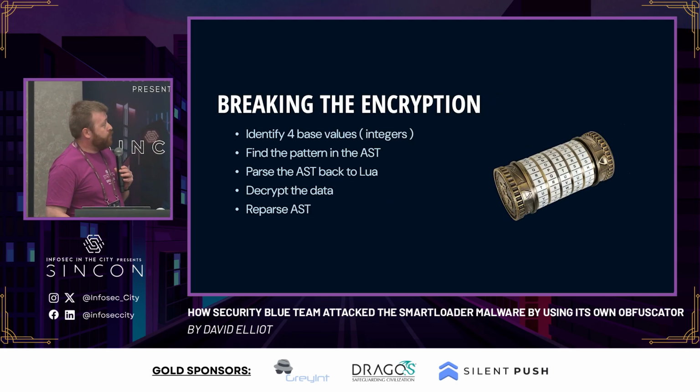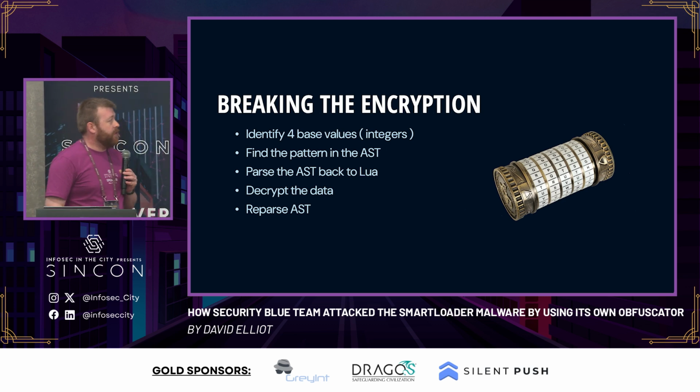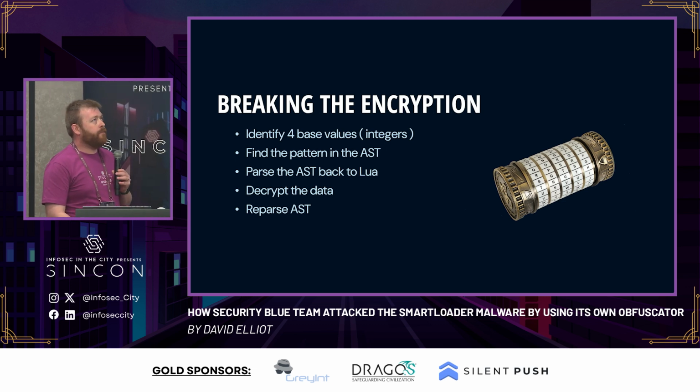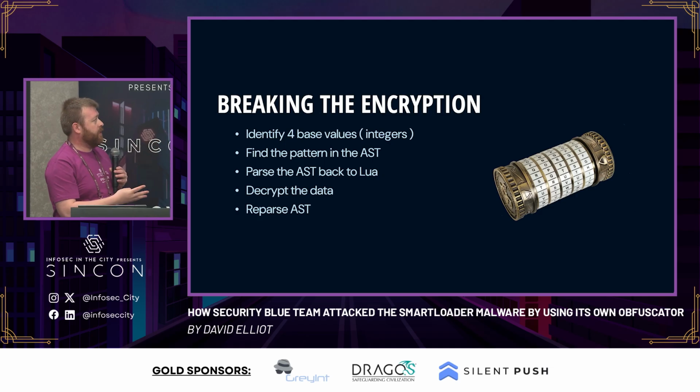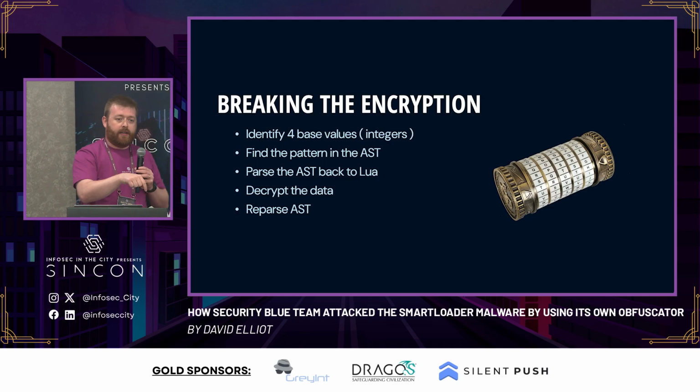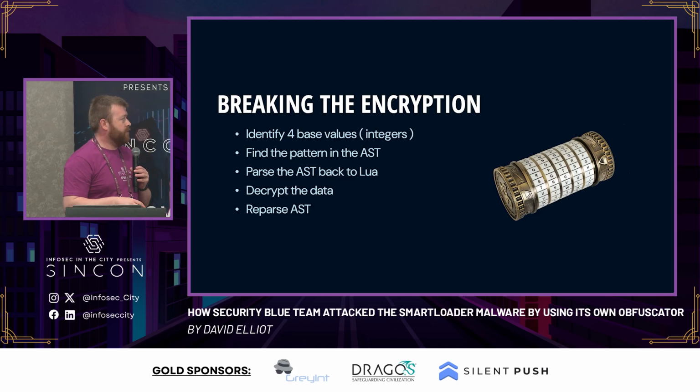So to break the encryption, there are 4 base values within the code, and they follow a very specific pattern of steps. So by taking the constants out of the main blob, we're able to find the patterns in the abstract syntax tree to be able to then get the encryption keys, which are the 4 values, and then pass it all back into the unencrypted strings.